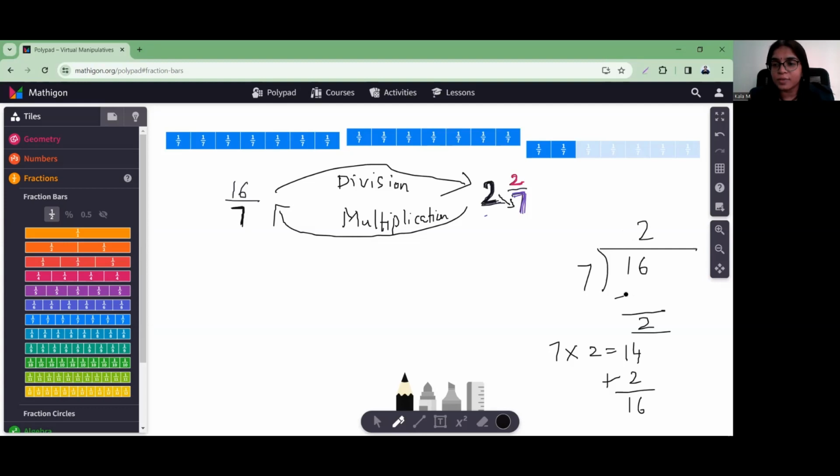We know this, correct? So we found this number also, and that number becomes our numerator. So how do we do it? We multiply the whole number with the divisor, that is our denominator, and we get 14. Then we add the numerator.